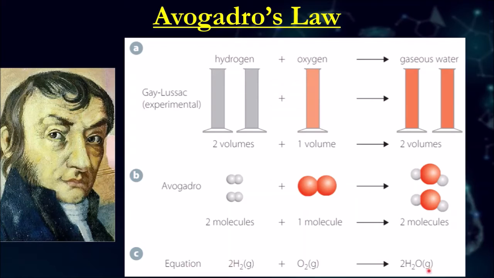If you look at the equation, this is where the idea comes from that when you're balancing chemical equations, everything comes in whole number ratios, as it just balances out that way. So that's essentially why we use whole numbers when balancing chemical equations, because Avogadro's law and Gay-Lussac's observation show that by nature, things combine in simple whole number ratios.